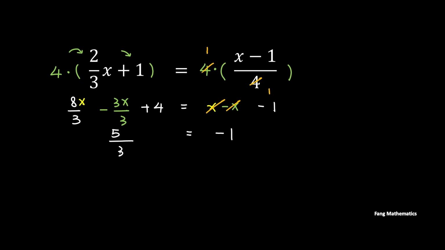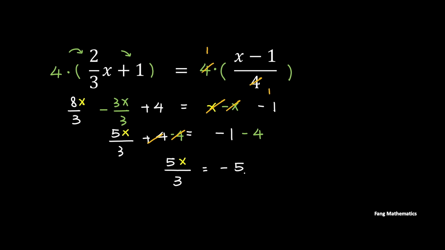So 5x over 3 plus 4. And now we want to remove this plus 4, so we minus 4 to both sides. On the left, plus 4 and minus 4 eliminates, leaving you 5x over 3. On the right, minus 1 minus 4 should give you minus 5.